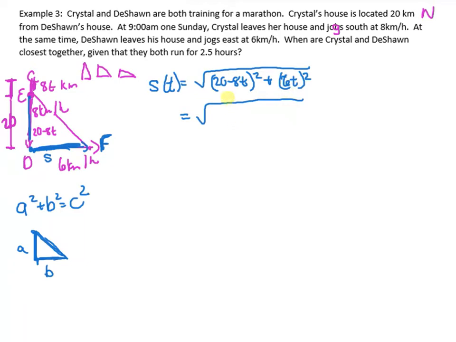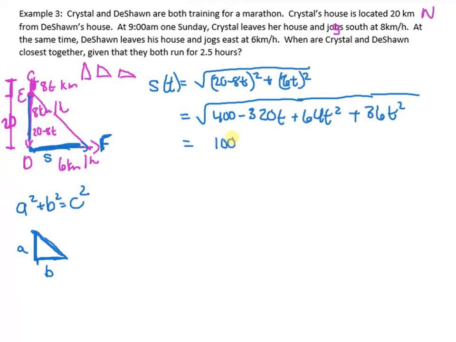Okay, if we were to expand this, this would be 400 minus 20 times 8, 160 times 2, minus 320 t, plus 64 t squared. And then that's plus 36 t squared.